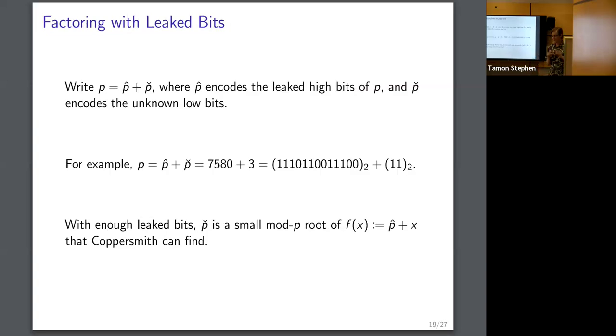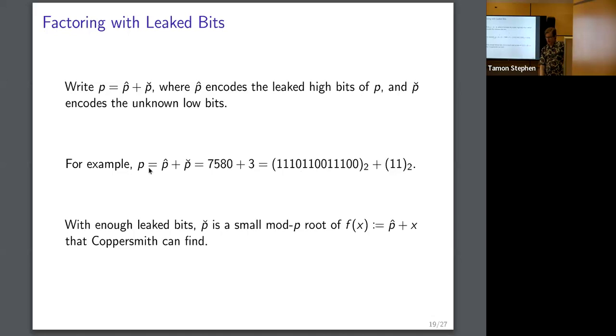Okay, so does this allow us to find p? Here's how it works. Let's say we know the high bits of p. I represent p by p hat plus p check. P hat is the high bits, p check are the low bits. Basically what Coppersmith says is, if we know enough of p hat, if p hat is large enough, that means p check is relatively small, and we can find p check from p hat.